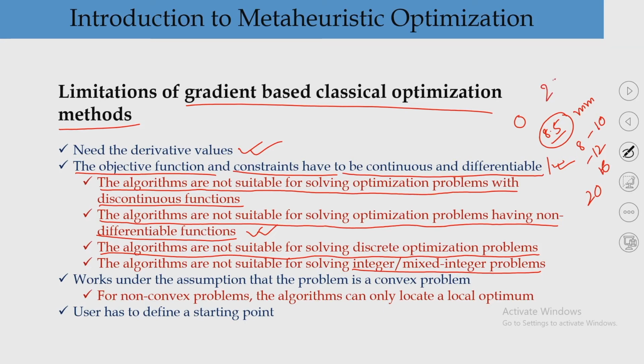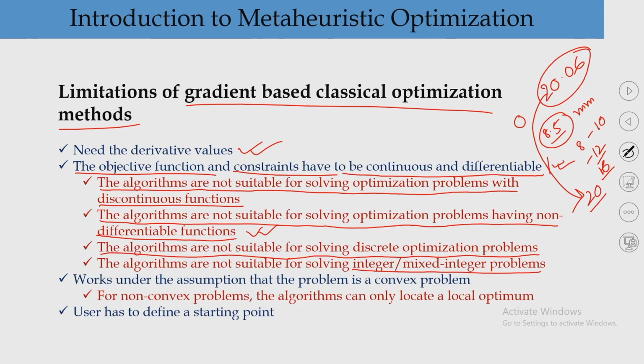Similarly, suppose you get 20.06. That is also not available. So then either you have to use 20 or 25, or 18 or 16. Therefore, these problems are integer type problems. Either you can use 20 or 16 or 12, something like that. In that case these algorithms are not suitable.